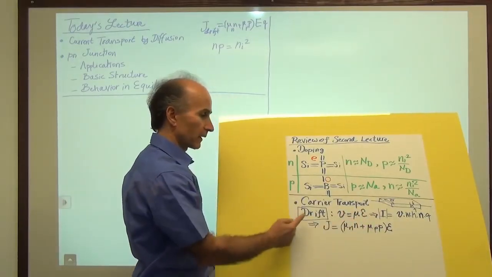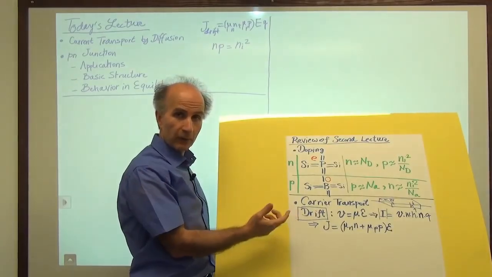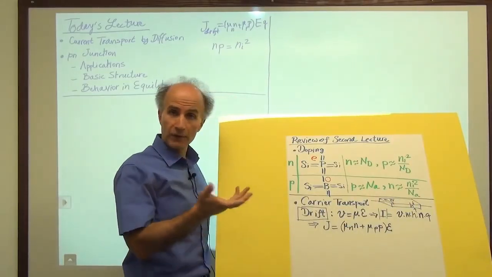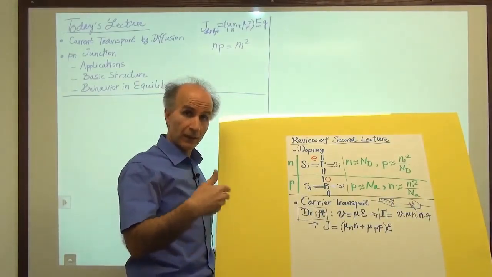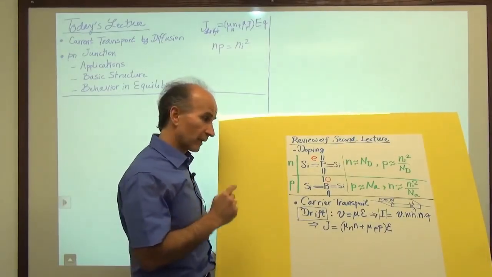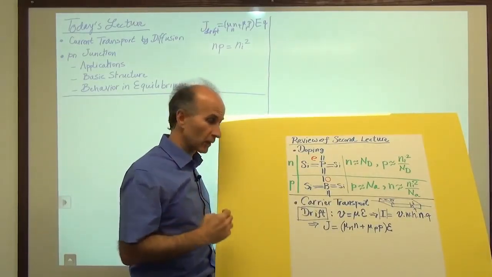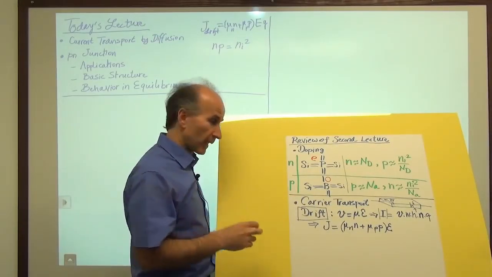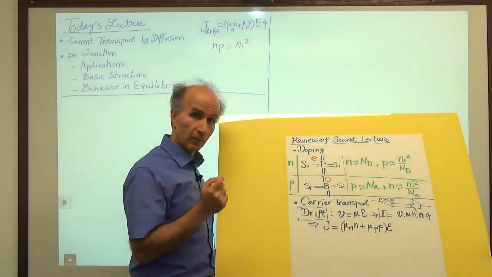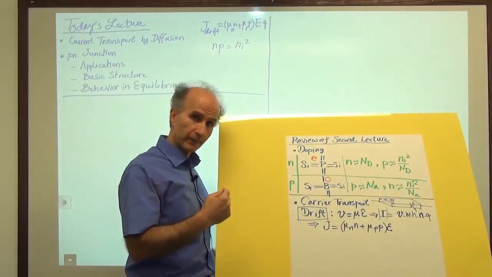And we saw that we have 2 mechanisms, one of which is called drift. Drift simply means we apply voltage across the semiconductor, and that creates a current because we have created an electric field inside the semiconductor. For semiconductors, the velocity of carriers, similar to a parachuter, reaches a terminal velocity and is equal to mu times the electric field, mu being the mobility of the carriers, electrons or holes.